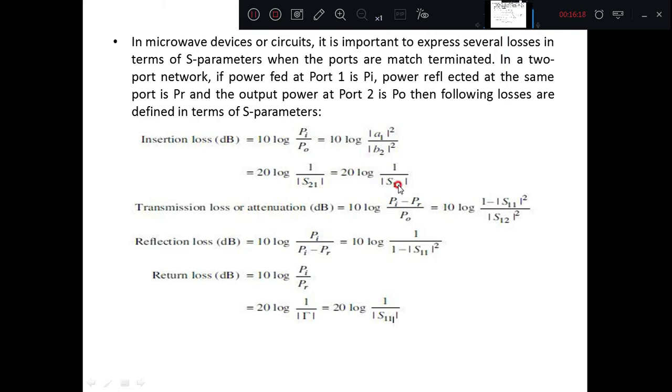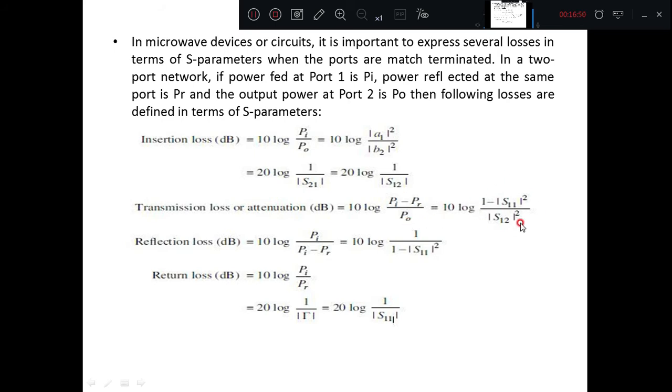Similarly, transmission loss, also known as attenuation loss, is 10 log of Pi minus Pr. What is the transmitted power? Out of the incident power, if Pr is reflected, the remaining amount transmitted to the output side is Pi minus Pr, divided by the output power P naught.